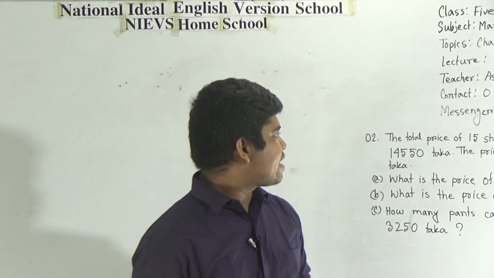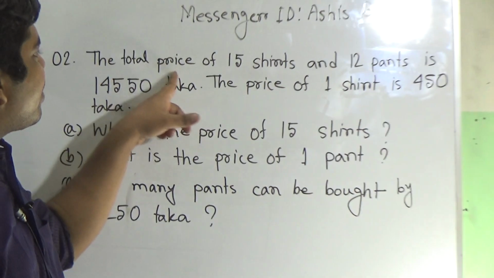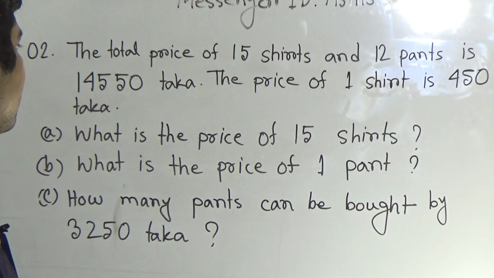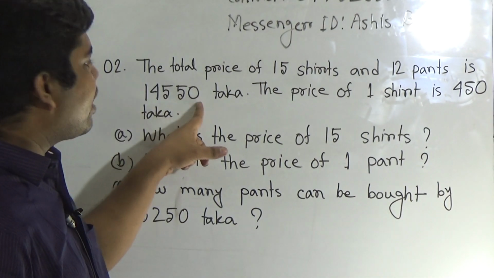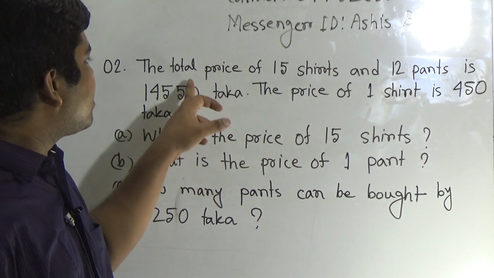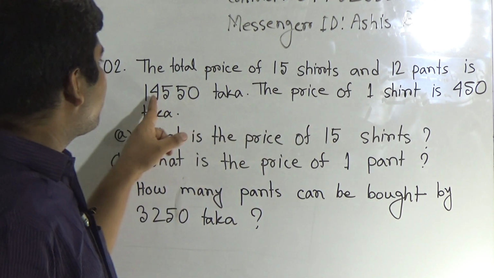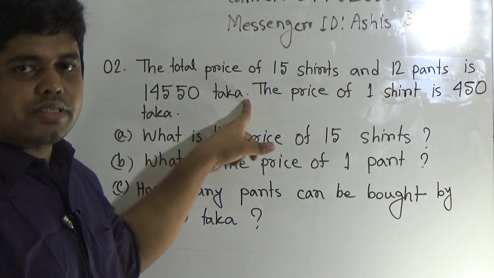So my dear students, at first we read the question. Please notice, the total price of 15 shirts and 12 pants is 14,550 taka. I repeat, the total price of 15 shirts and 12 pants is 14,550 taka.